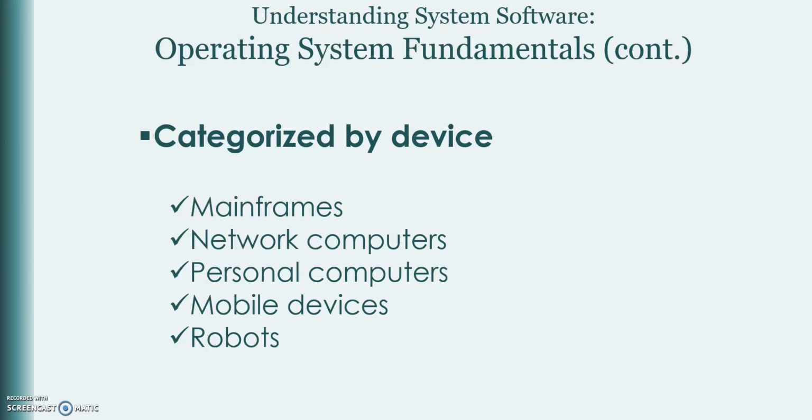Or they're making single operating systems like Windows 10 that can run on multiple devices. So it runs on your tablet, and if you have a Windows phone, it also can run on your PC.